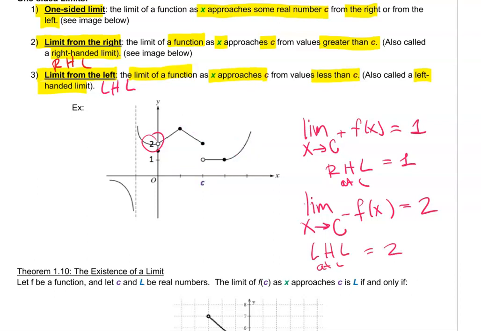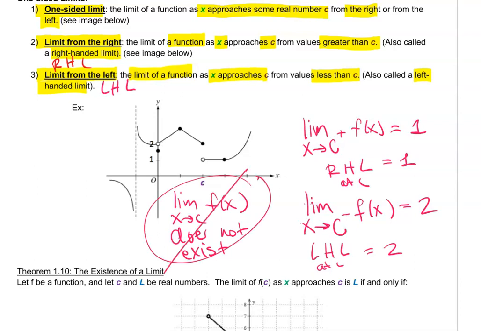So that's what we mean by these one-sided limits. The limit at c, the limit as x approaches just c, does not exist, because we have learned in previous sections that the left-hand side and the right-hand side need to be coming together at the same point. The left side and the right side need to be approaching the same thing in order for the limit as x approaches c to exist.